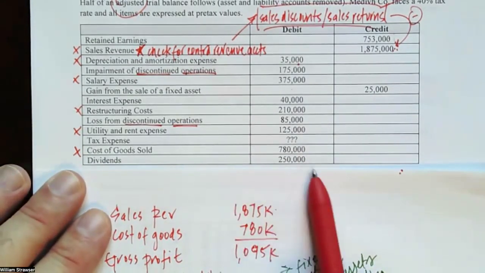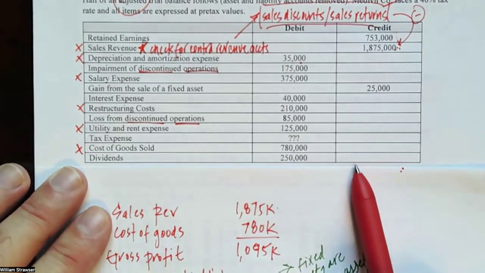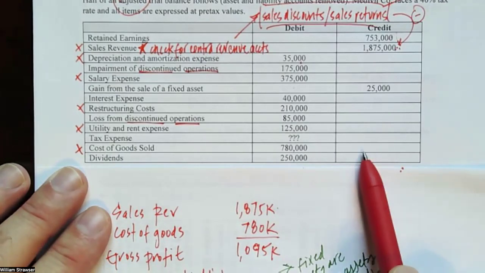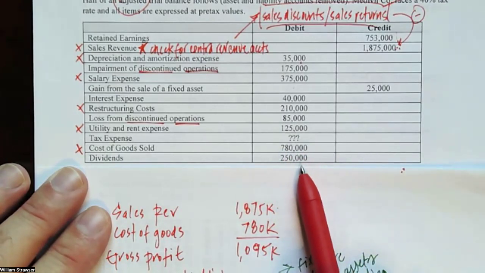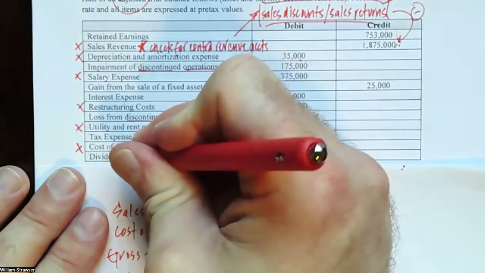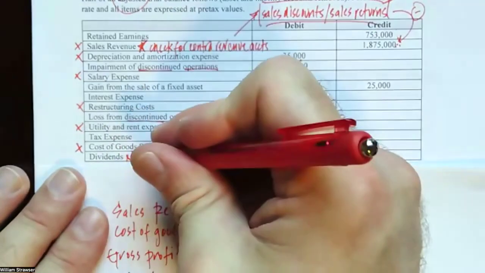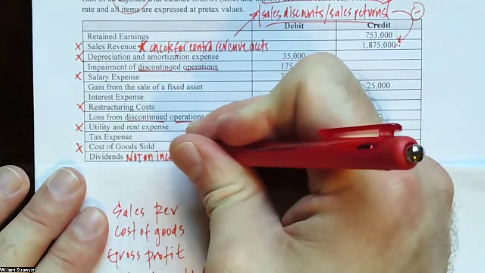But this is not dividend revenue. And the way you can tell is, this would have a credit balance if it were dividend revenue. This is dividends paid to my shareholders because it has a debit balance. And so dividends paid to my shareholders are not on the income statement. They close into retained earnings. They do affect equity, but they're not affecting equity through the income statement.